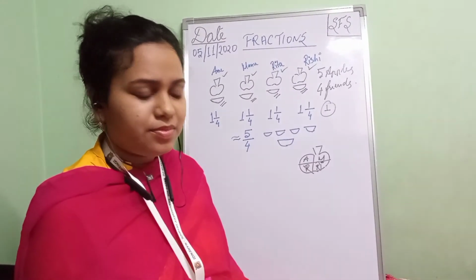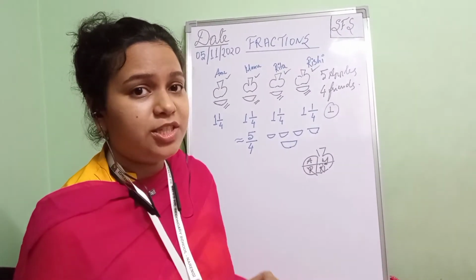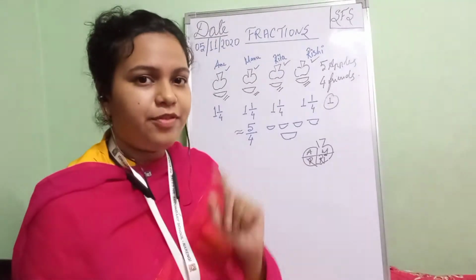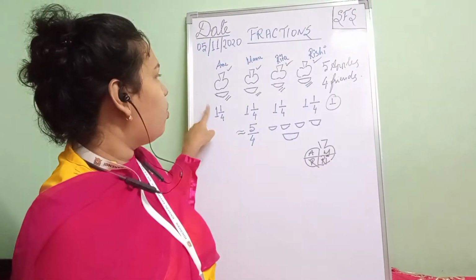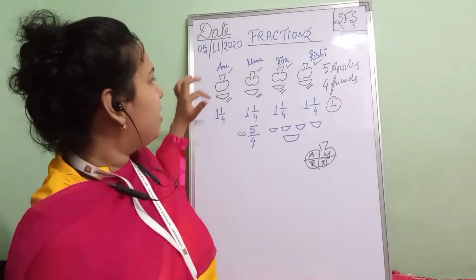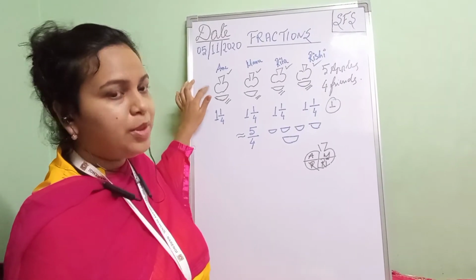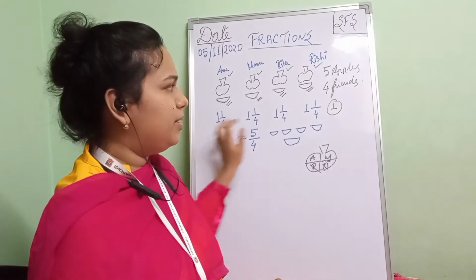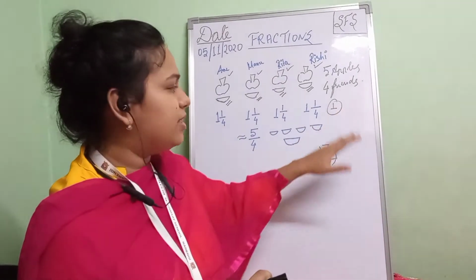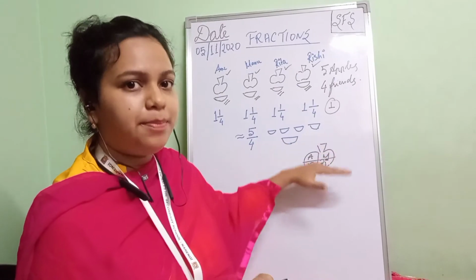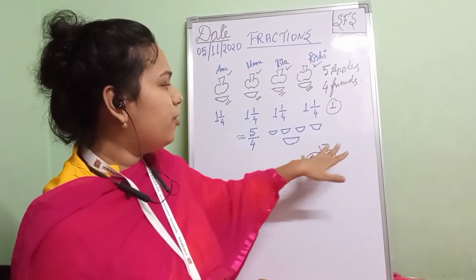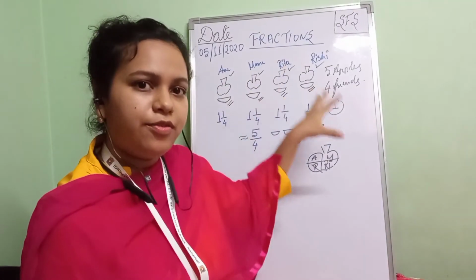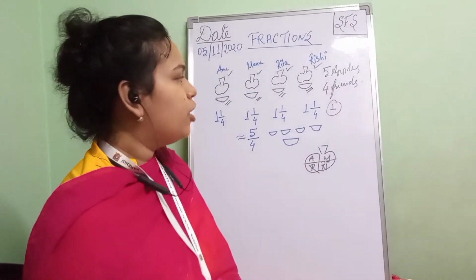So what is the fraction of the apple eaten by 1 friend? It is 1 plus, see, they are getting 1 whole apple, 1 whole apple plus 1/4 of the other apple. The one remaining extra apple was divided into 4 different parts. Okay? And 1 part was given to each of the 4 friends. Alright?